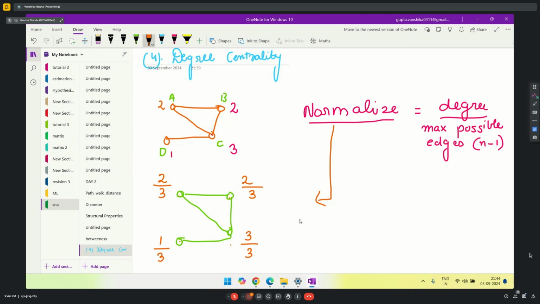We did nothing, we just first calculated degree centrality and then divided it by n minus 1. I hope this concept is pretty much clear.